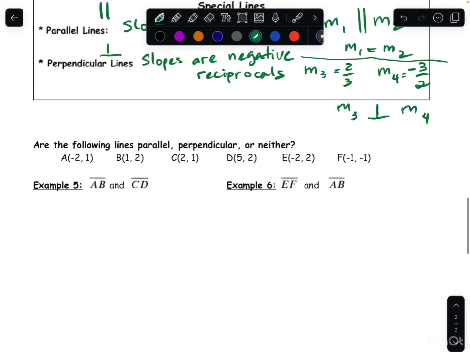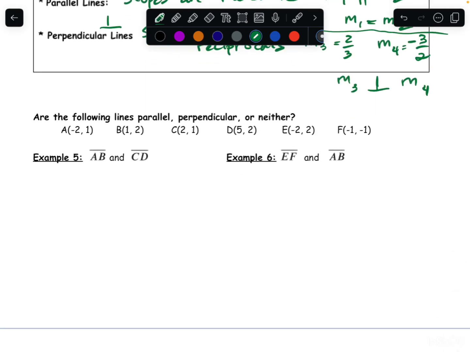Okay. So let's go look at these problems right here. We have example 5, and it says I need to know if the lines are parallel, perpendicular, or neither. So let's look at AB. So I want to find the slope of AB. Let me highlight your x's and y's. Let's do the y's first.